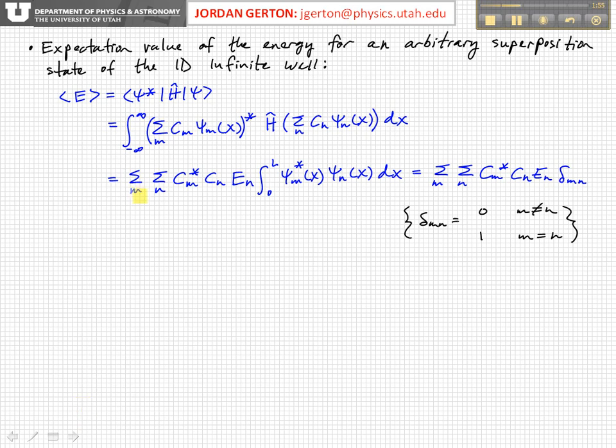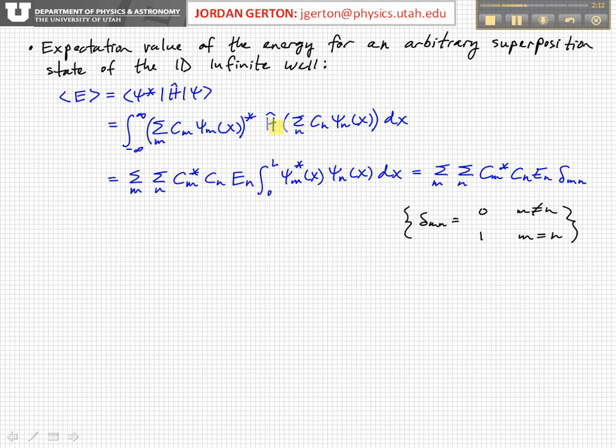So if we then bring both of these sums outside the integral, we bring both of the amplitude coefficients, the Cm star and the Cn, out of the integral because they don't depend on x. And we bring the energy out. Where does the energy come from?